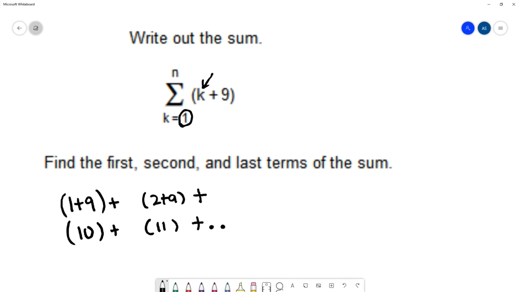And then we're going to continue with this pattern until we get to our final number, our upper bound, which is n. We plug that number into our expression, and the last term of our sum would be n plus 9. Can't do any simplification on that, so the last term is n plus 9.